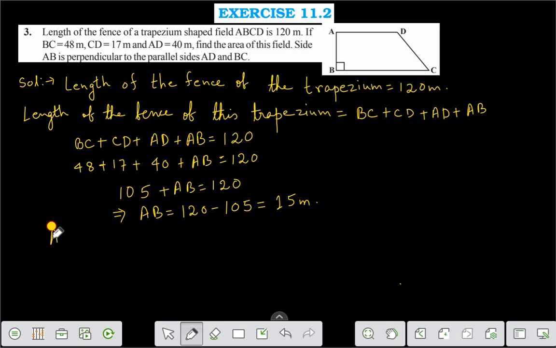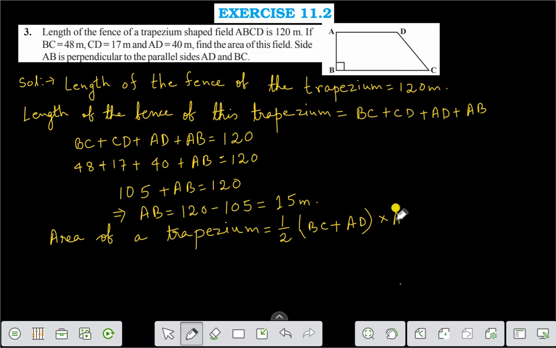And you know this is a trapezium, and we know that the area of a trapezium is equal to half the sum of parallel sides into height. The sum of parallel sides are this BC and AD, that is BC plus AD, into height, which is AB.